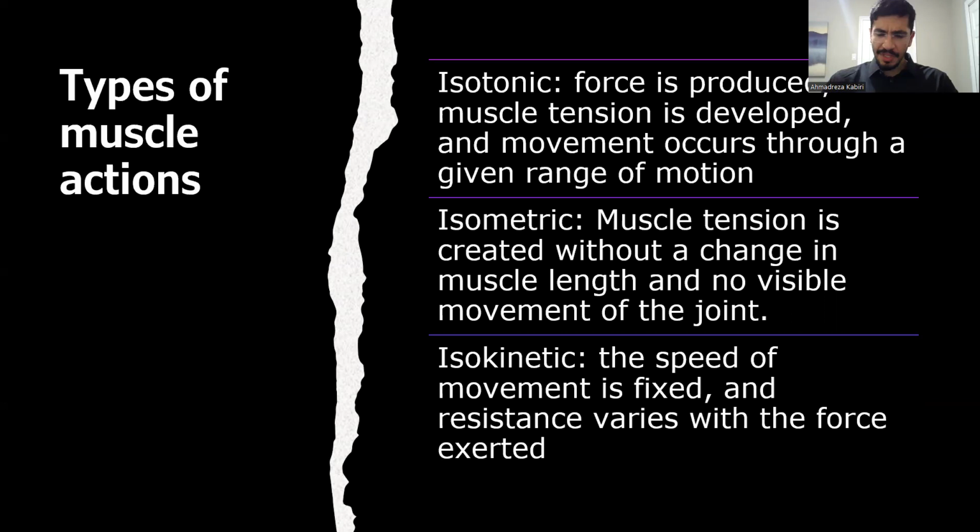In isometric muscle action, the muscle tension is created without a change in muscle length and no visible movement of the joint. And last is isokinetic. In this type of muscle action, the speed of movement is fixed and resistance varies with the force exerted.